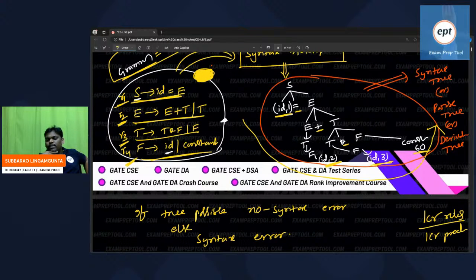Compilation successful means there is no syntax error, and no syntax error means a tree was created. Suppose a syntax error came: the syntax tree was not created, which means something is wrong in the program, because with the existing rules, the existing grammar, I am unable to create the tree.